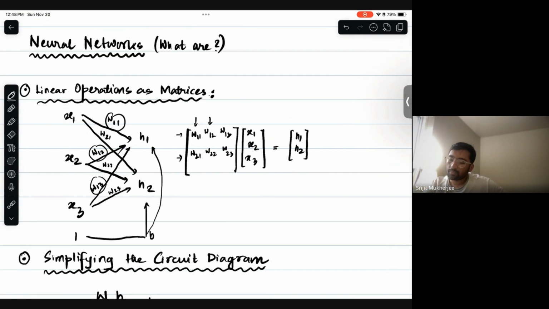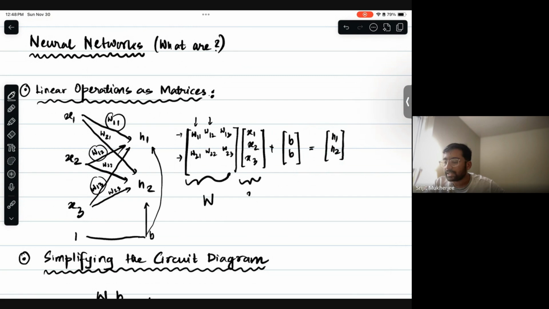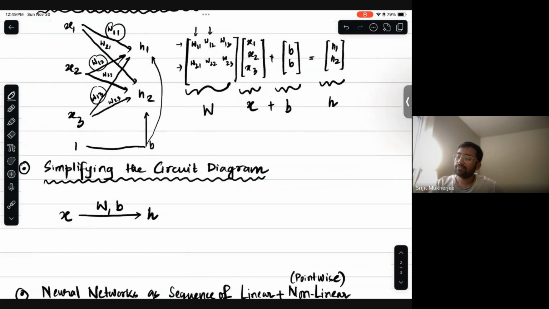We call this W, we call this X, and we call the bias B, and this is H. Simplifying, we can write H is equal to Wx plus B, where these are learnable parameters.